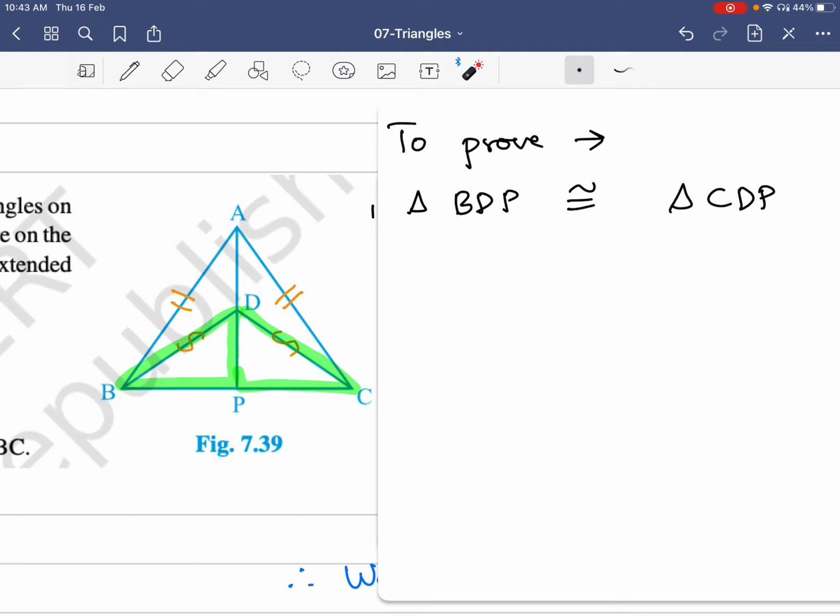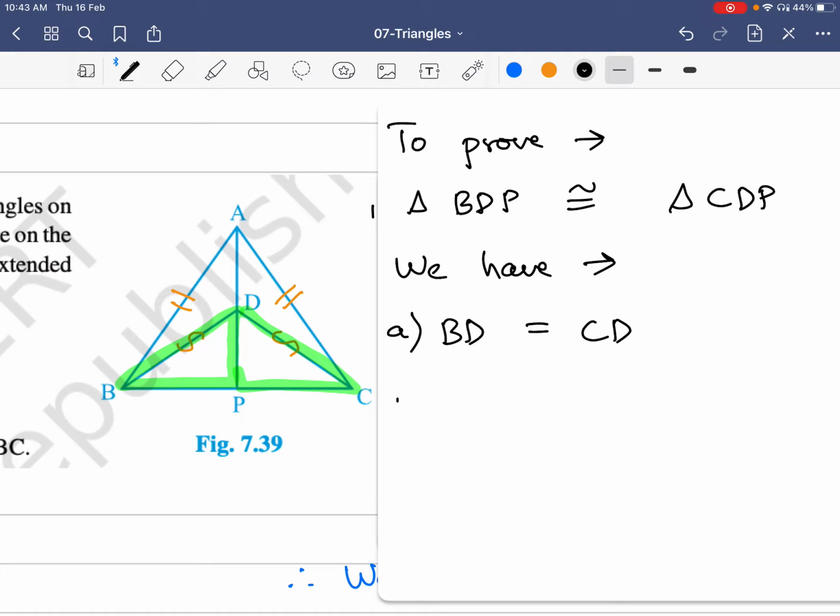How are we going to do it? This side is there, one side will be the side test. So we have point number A, BD is equal to CD. Why? Because this is an isosceles triangle, it's already given. So BD will be equal to CD. That's the first thing.